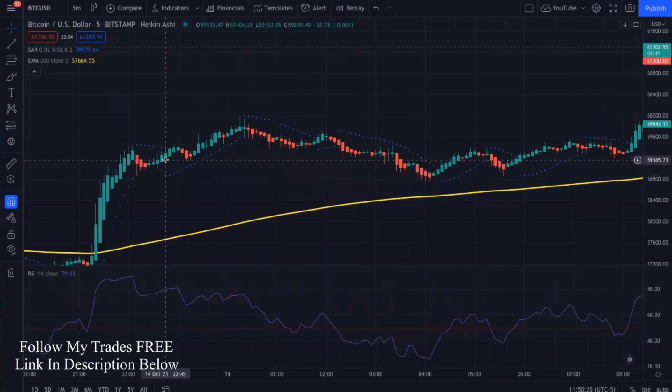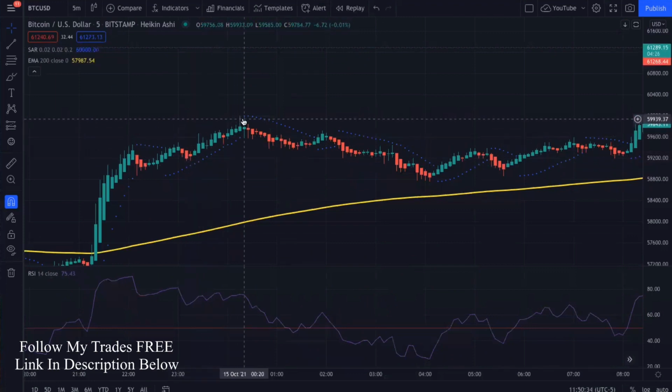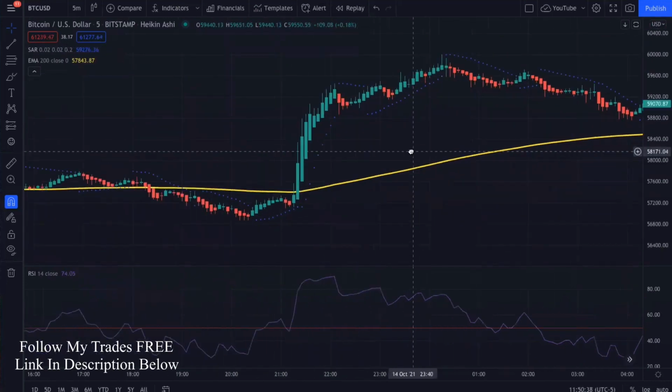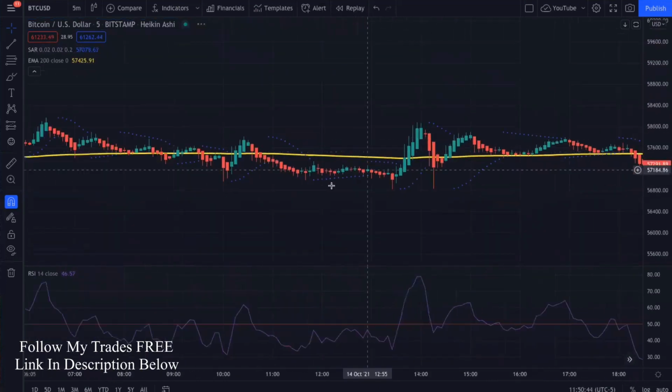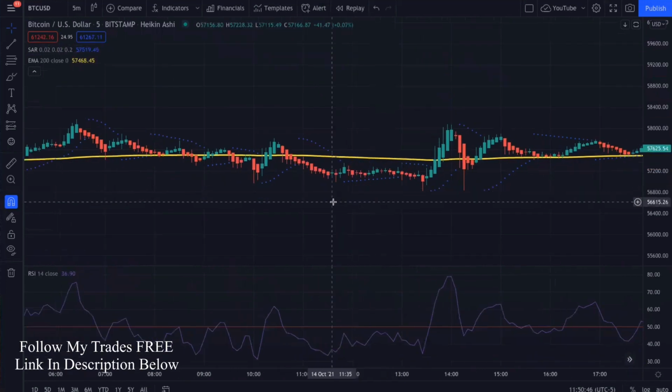When this closes and the parabolic SAR is below, you get in, and some people would say get out right here, but the parabolic SAR is still below. It's still telling you it's got momentum, and you ride it up. When it shifts over, you get out. It can't get any simpler than this, guys. So as you can see, these kinds of situations happen all the time.